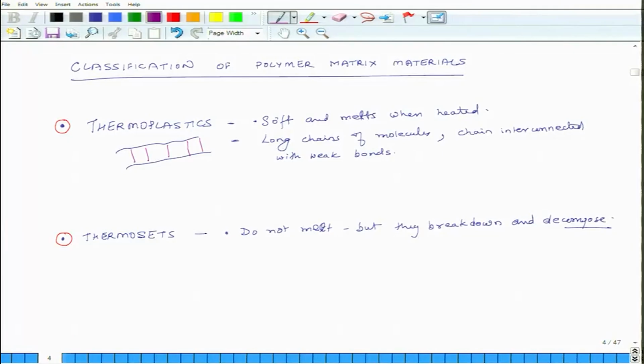Okay, and when you cool it, these bonds again develop and things become strong again. So that is why thermoplastics start flowing as you heat them. Now thermosets, they have a different structure. So they have long chains, but they are interconnected.